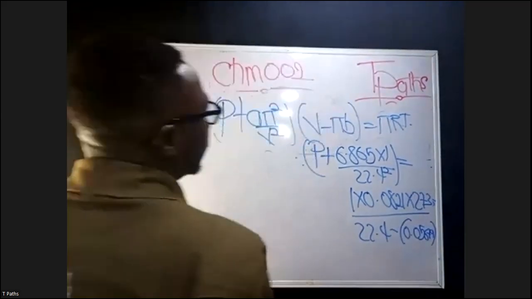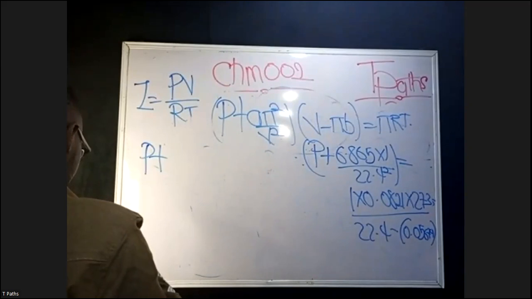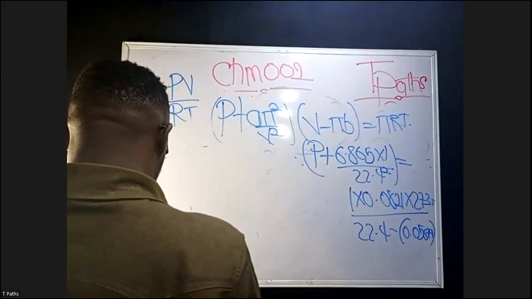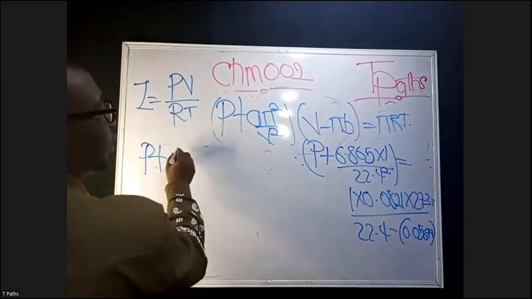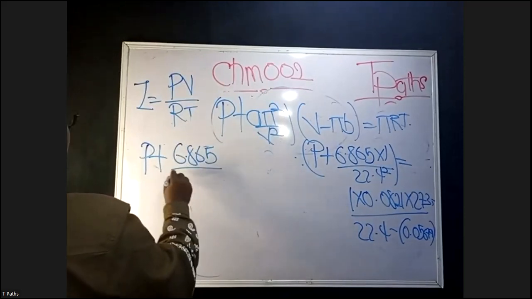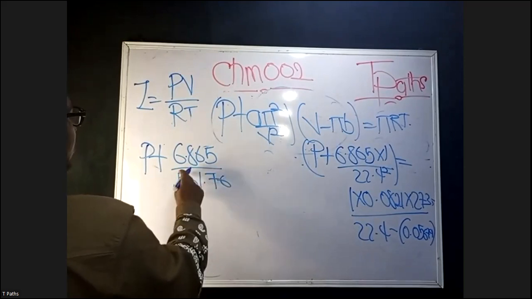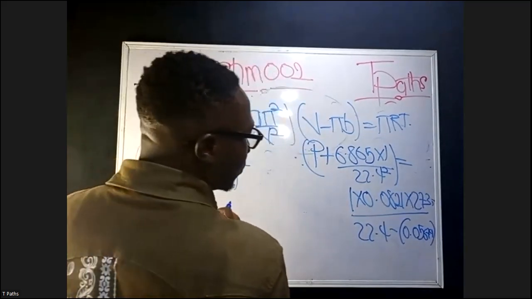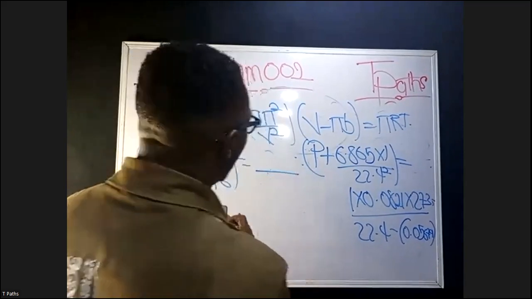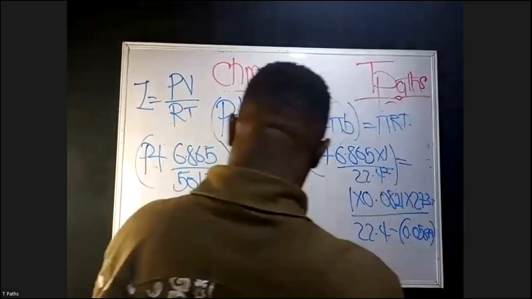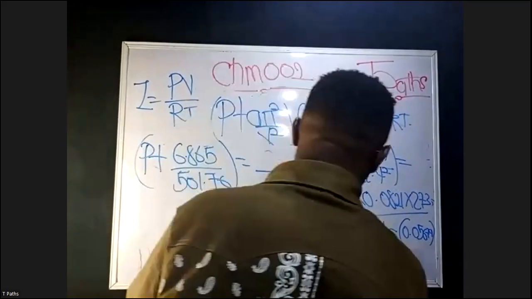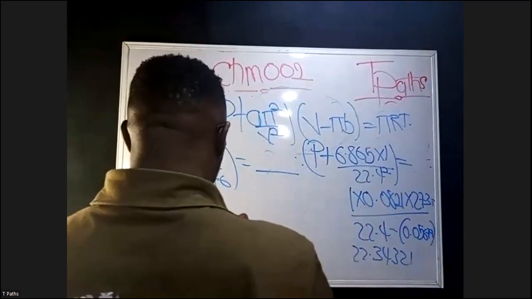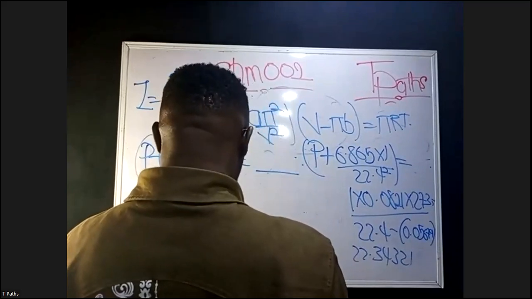So this will be P plus 6.865 over 501.76, equals 22.4 times 0.0821 times 273 which gives 502.0 approx, over 22.4 minus 0.05679, which is 22.34321.